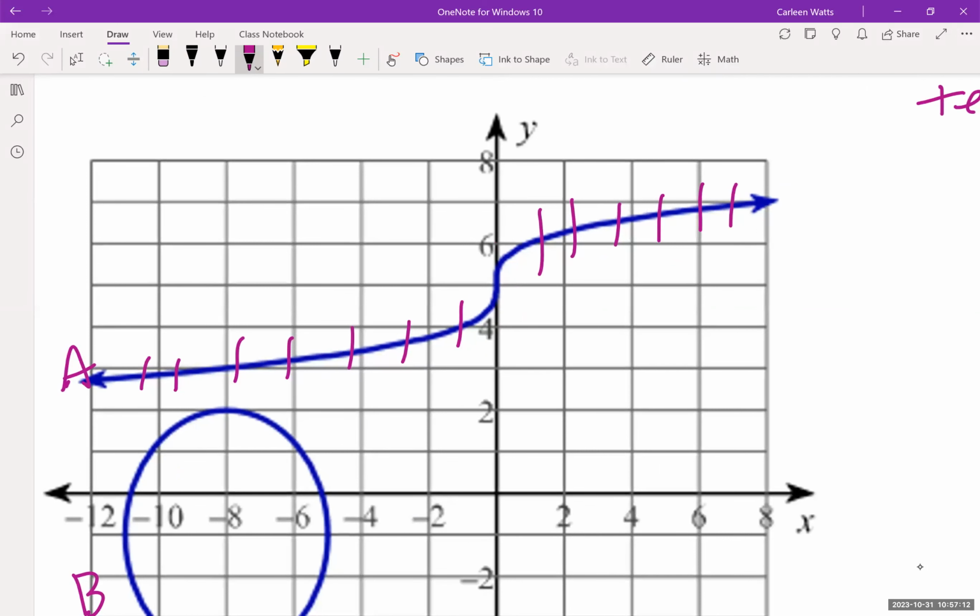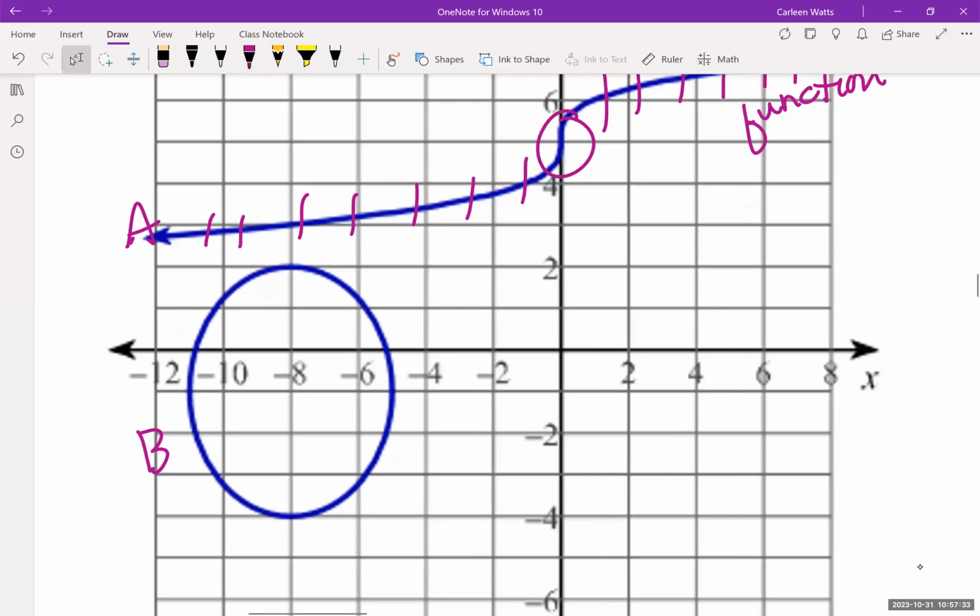Can you see that that's actually a slant right there? This is a function. There is no point in the graph where one x has two y values, even though it comes really close inside that circle. So A is a function.